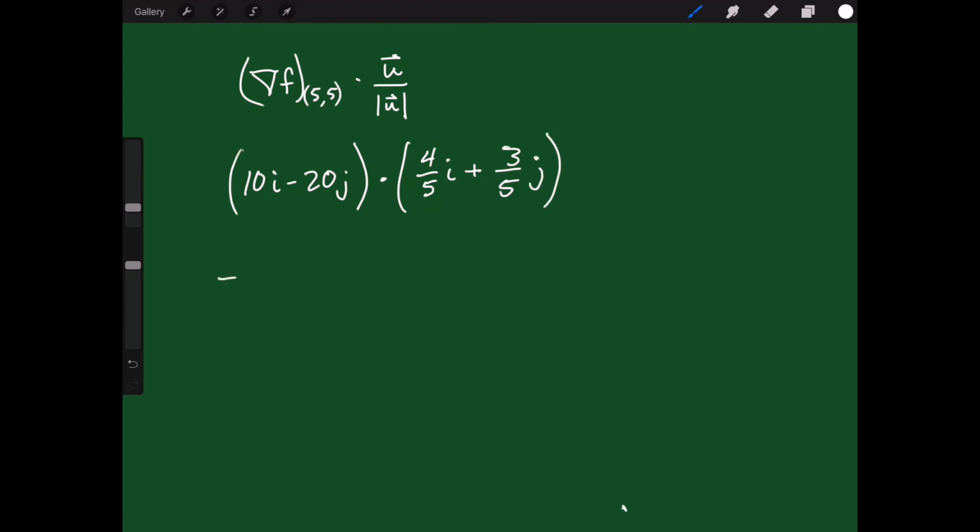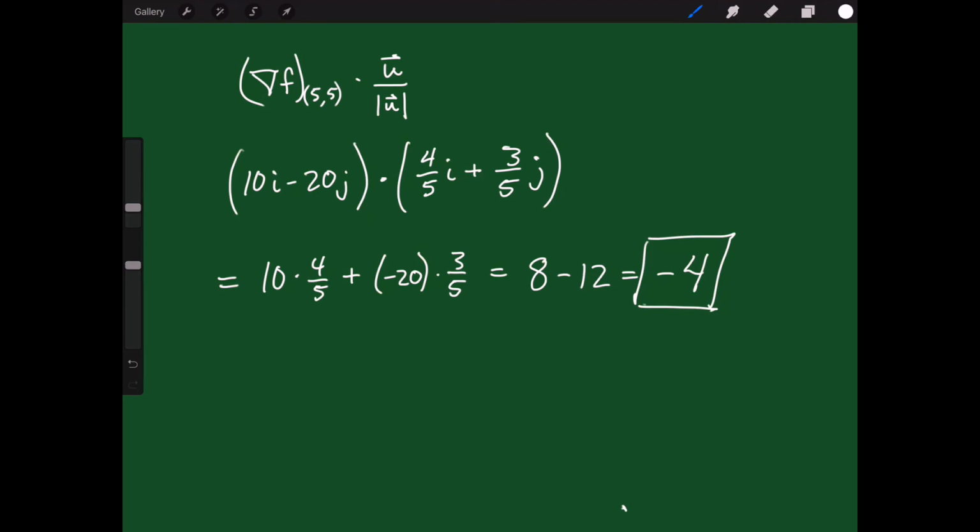If I dot those two vectors together, I get 10 times 4/5 plus negative 20 times 3/5, which is equal to, well, 4/5 times 10 would be 8. And 3/5 times negative 20 would be what? Negative 4 times 3 is negative 12, which would give me an answer of negative 4.